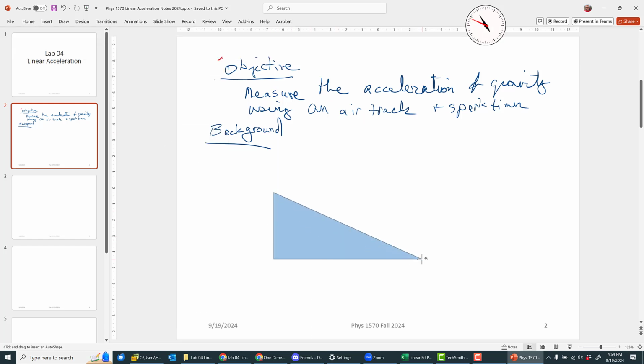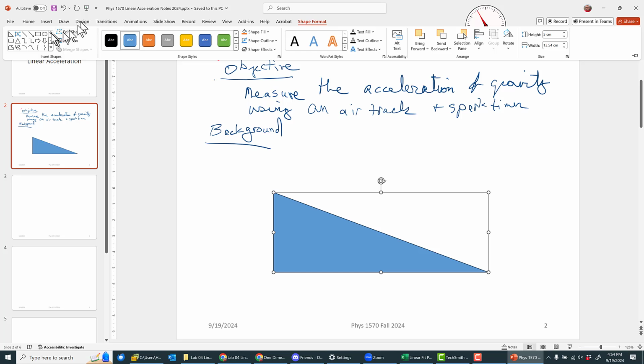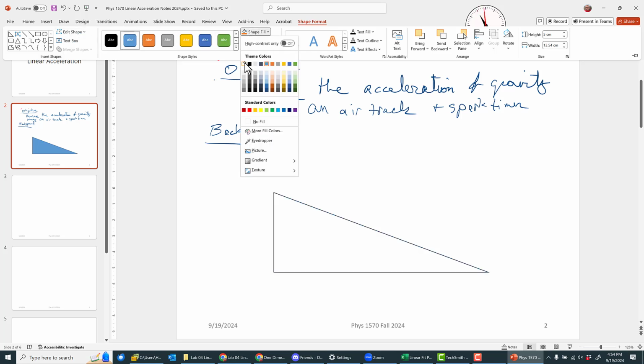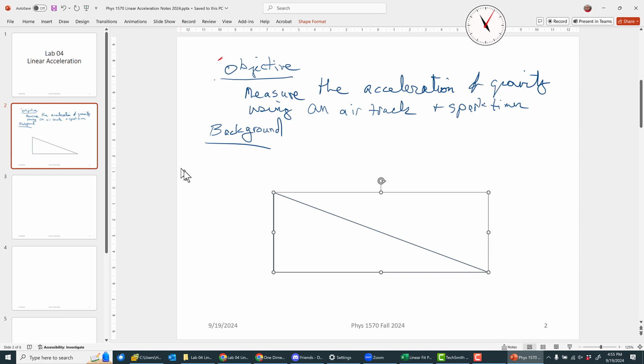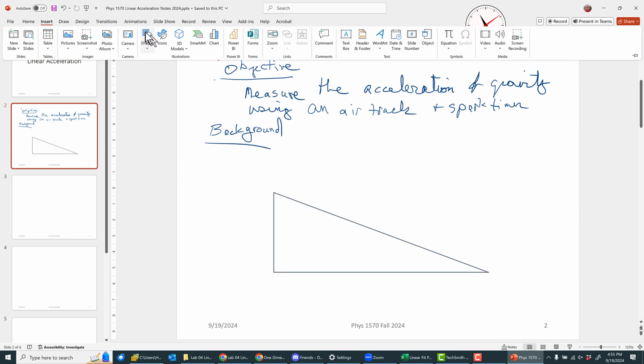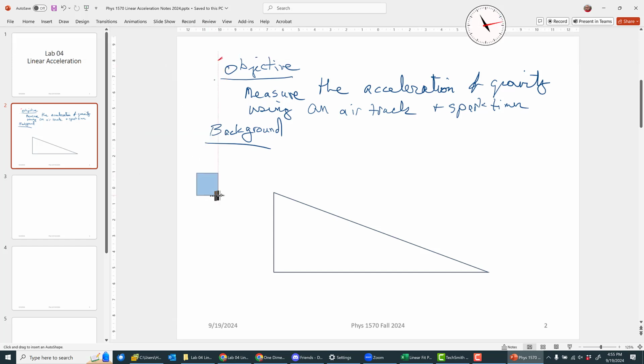Alright, so we got us a right triangle. And so we want to have no fill. Yeah, better no fill.